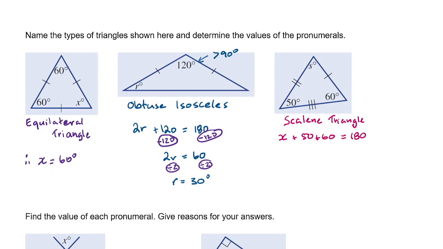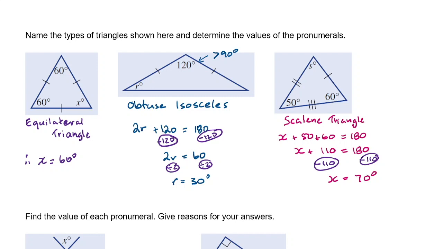We can add our 50 and 60 together to get 110, and then use those algebra skills that we've been working on so hard. Minus 110 from both sides leaves me with x equals 70 degrees.